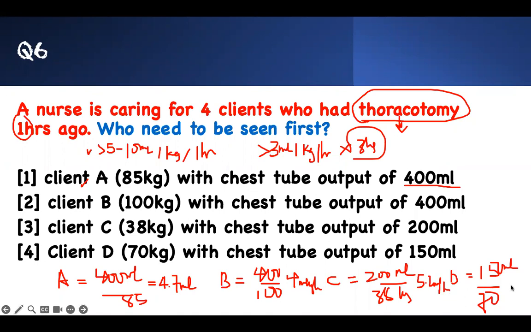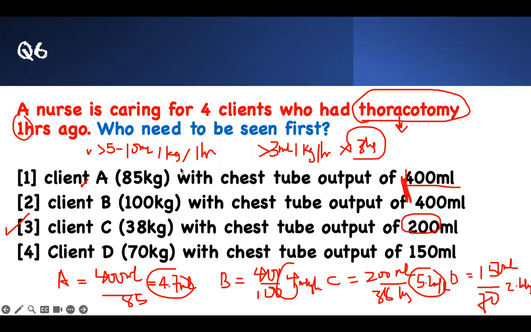And the last one is 2.1 per kilo per hour. So which one in an hour is greater? You want at least 5 mL to 10 mL per kilo per hour. Which one meets this criteria? This does not. This does not. This one, 5.2. This does not. So C is bleeding, even though he has 200 and this one has 400.